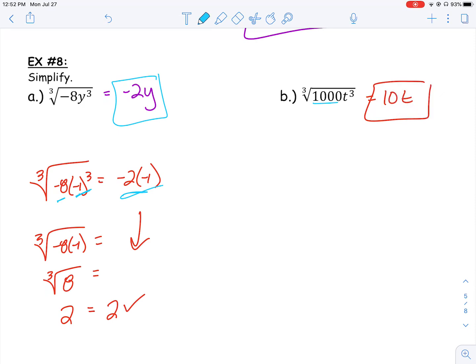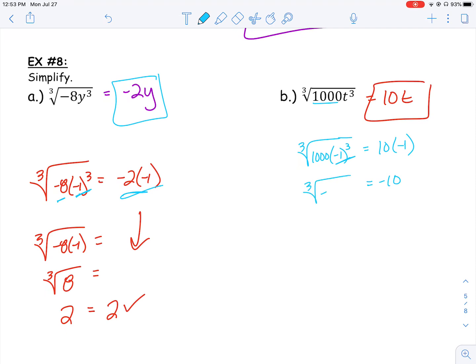Let's see if we need absolute values. If I plugged in a negative 1 on both sides, would it still be okay? Well, it looks like here on the right side, 10 times negative 1 is negative 10. Let's see if we get a negative 10 on the other side. If we don't, we may need absolute values. Negative 1 cubed gives me a negative 1.